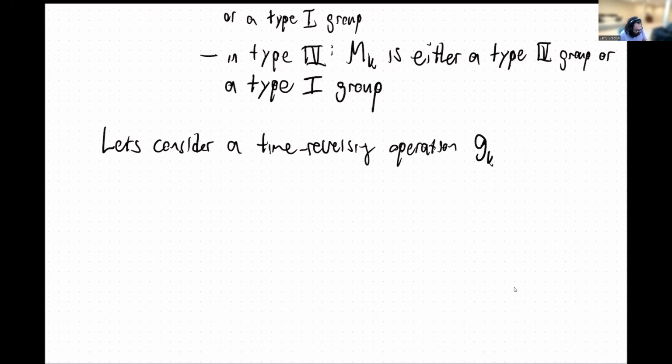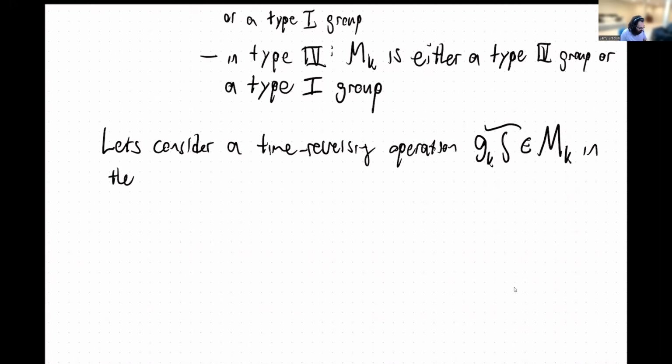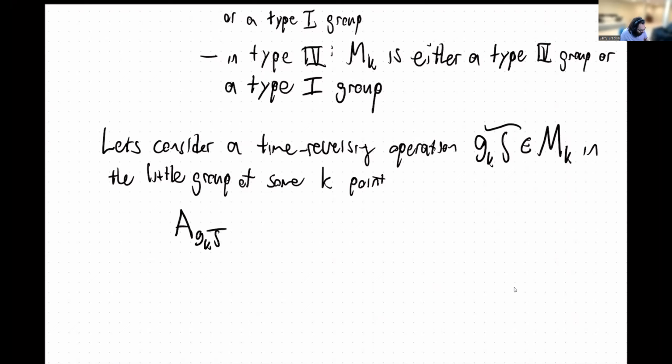We'll denote it as GK times time reversal in the little group of some K point. So we saw last time how we can write down the sewing matrix for such an anti-unitary symmetry or time reversing symmetry. It acts as an anti-unitary operator on our Hilbert space of states.